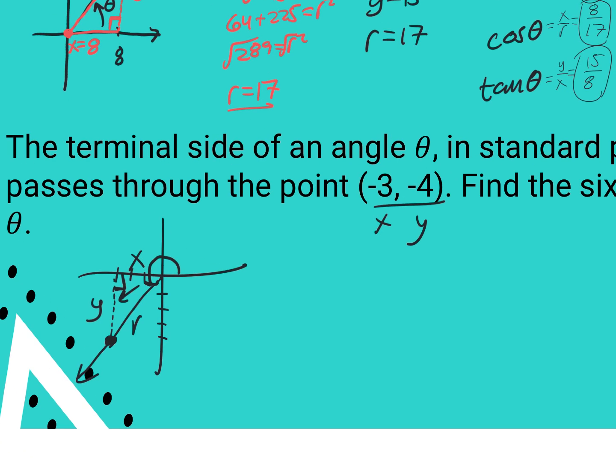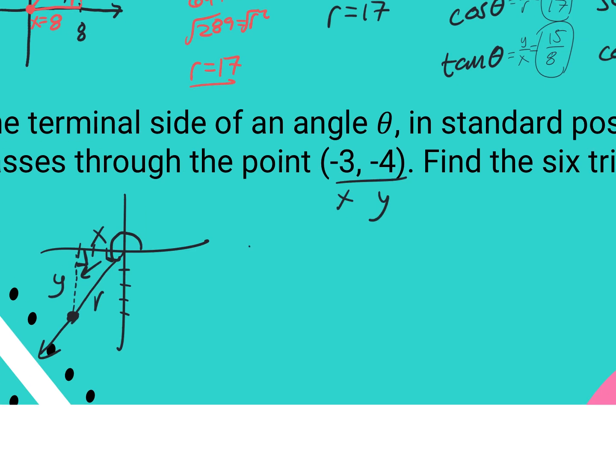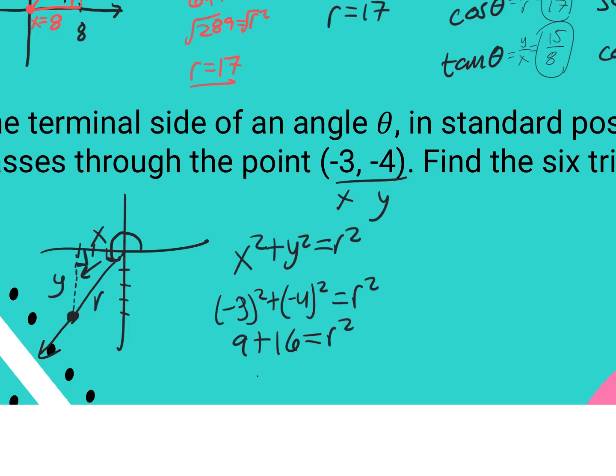Now, again, you don't really have to draw that information out if you already know how to set up these kinds of problems. So I know that this is going to be an x squared plus y squared equals r squared situation. So I'm going to have -3 squared plus -4 squared equals r squared. And then we get 9 plus 16 equals r squared.